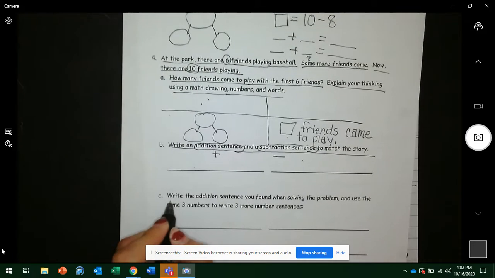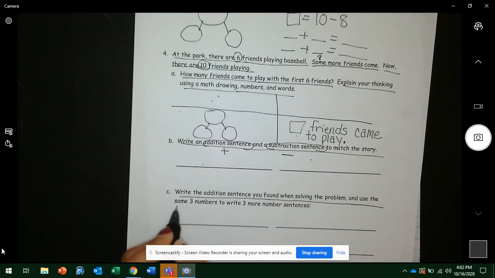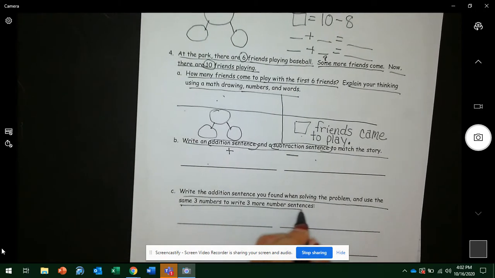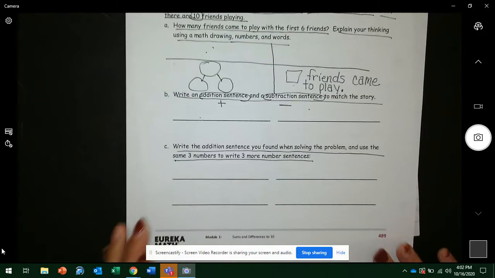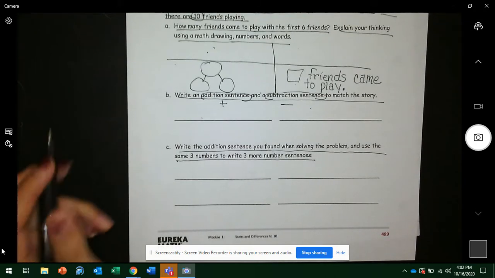Now, you have to write the addition sentence you found when solving the problem and use the same 3 numbers to write 3 more number sentences. So again, this goes back to our related sentences. We're going to have to write related subtraction sentences and related addition sentences.